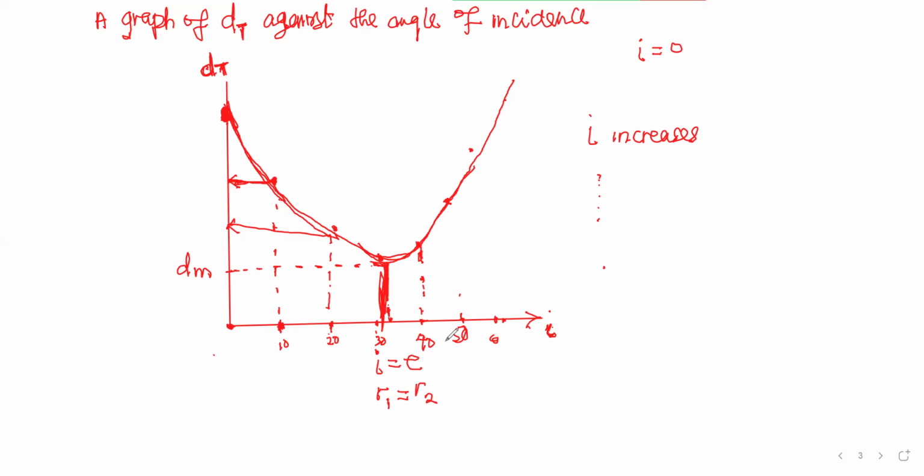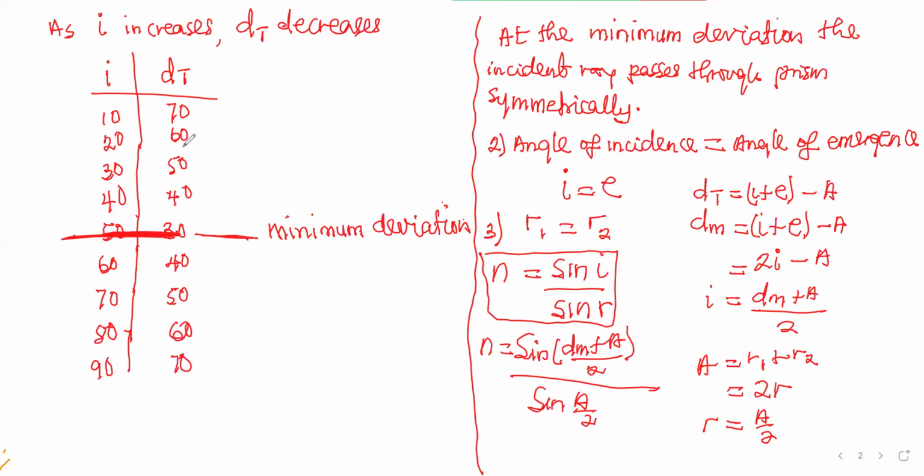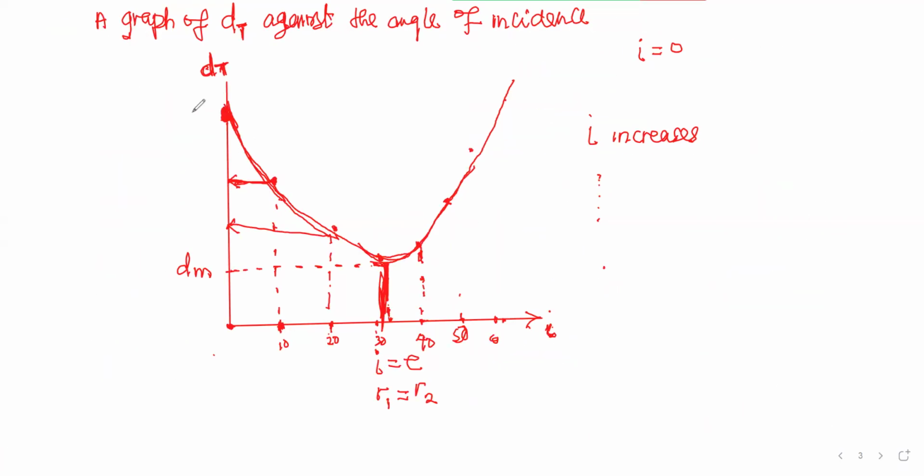Okay, so please, can you put values at the total deviation side so that I'll understand well? So let me use the same values, maybe 70. When I is 0, this can be 70, 60, 50, 40, 30, 20, 10, and then 0.